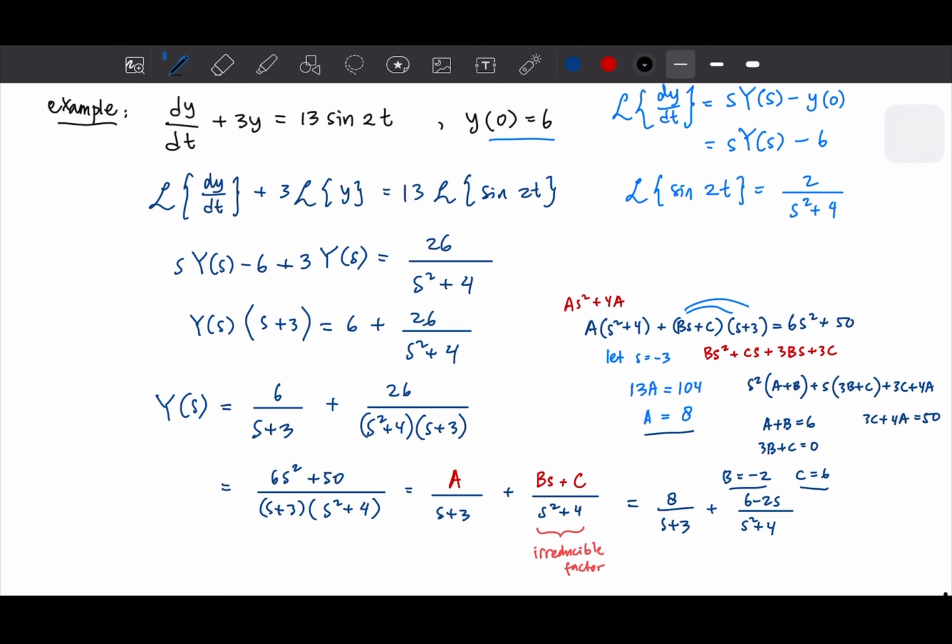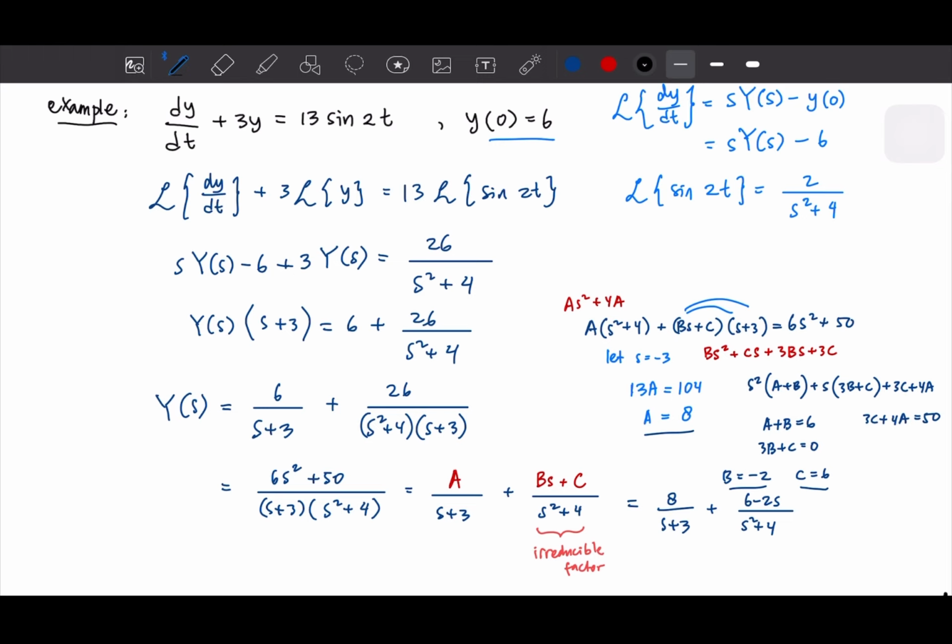And now we need to solve this capital Y. So we need to solve this equation in terms of capital Y equal some expression. Now, for the 6 over s plus 3, I think it's easy to follow. But for this part, it's difficult to separate. So let's just combine first to make it a big fraction, and then separate all together.